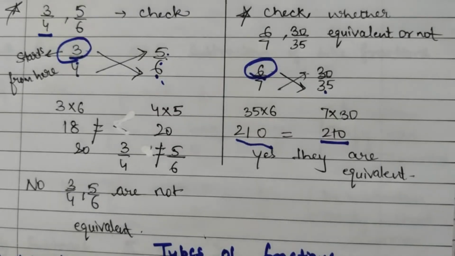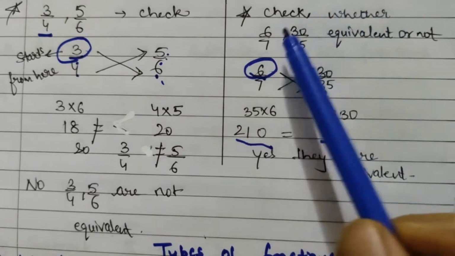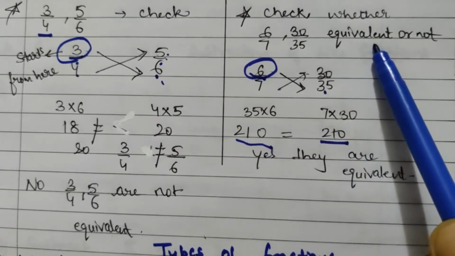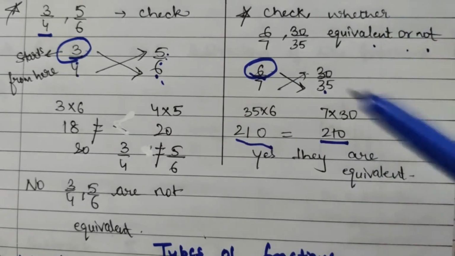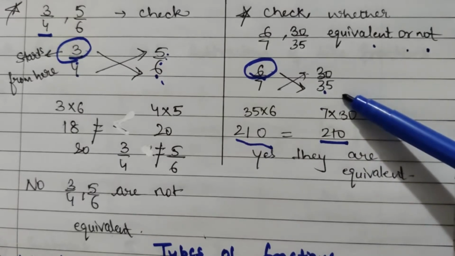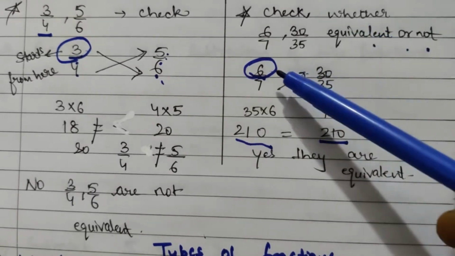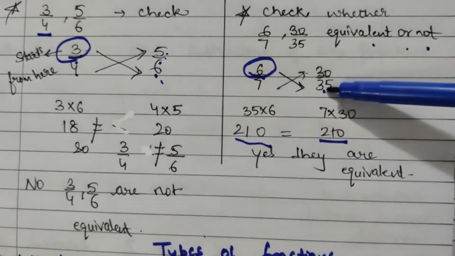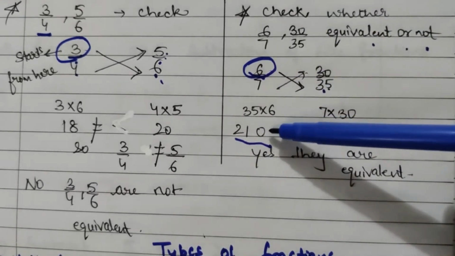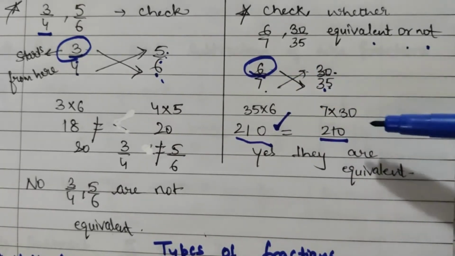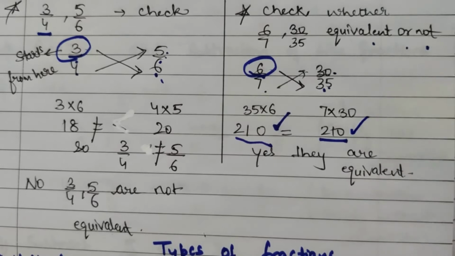See one more example. Check whether 6 by 7 and 30 by 35 are equivalent or not. Now we have 6 by 7, 30 by 35. So again we will start with 6. Now 6 into 35 gives us 210. 7 into 30 gives us 210.